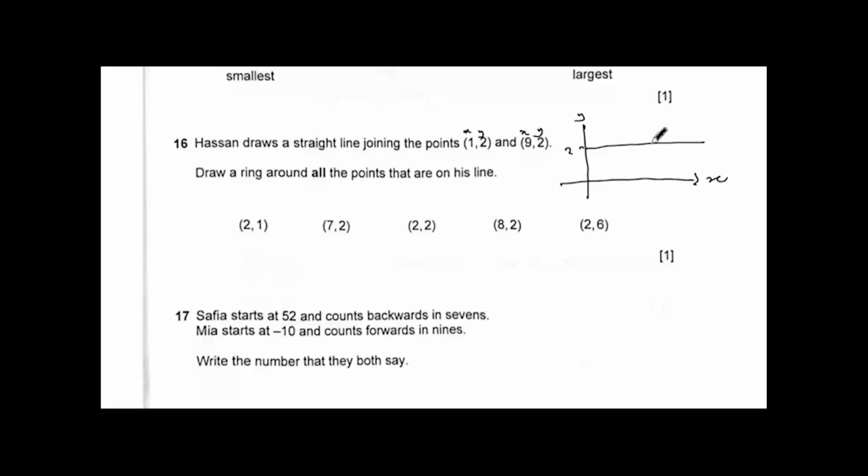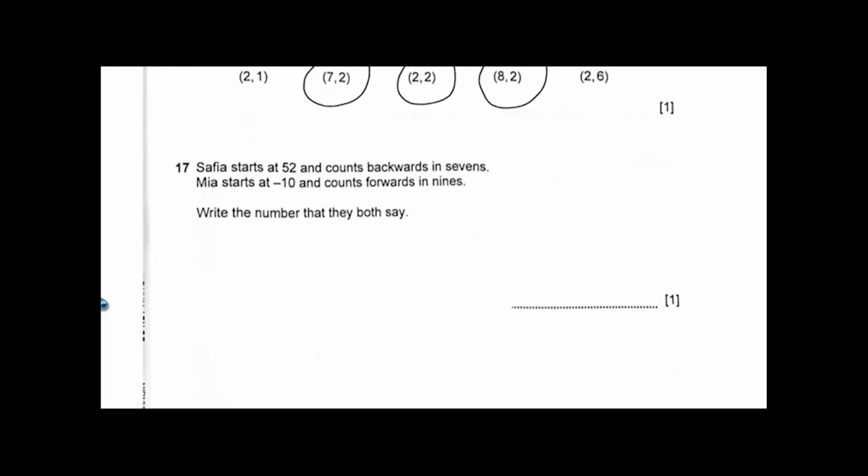The implication is that any point, any coordinate that will be on this line must have the value of y to be 2. If the value of y is more than 2, then it will be above this line, and if the value of y is less than 2, it will be below this line. So we need to select all the coordinates with y equals 2. So we'll pick these and this. That will be the necessary ones. Okay, let's go to the next one.